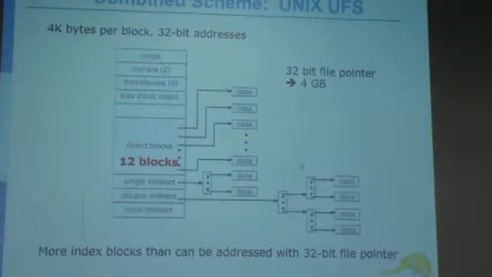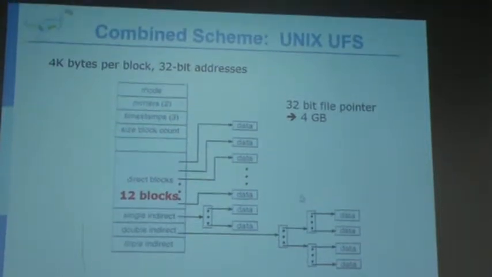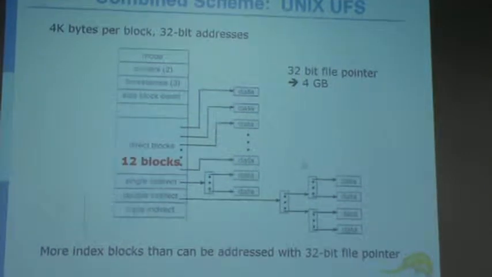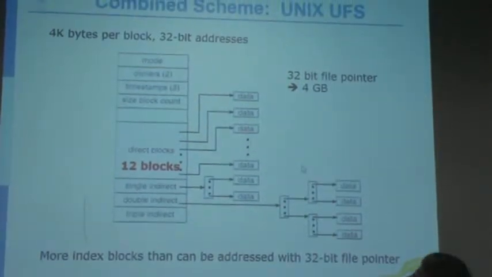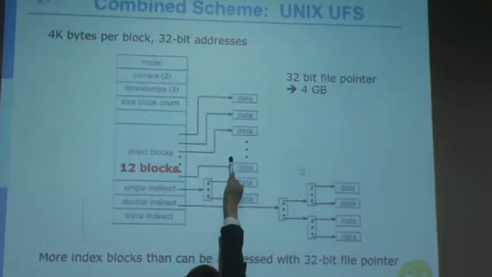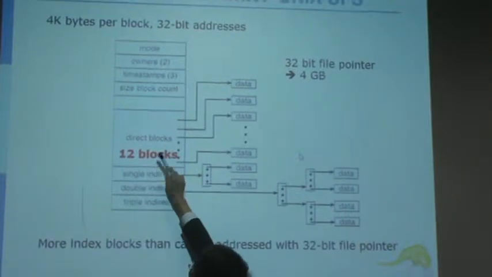Then we can combine direct allocation or linked list, and also single level and multi-level. That is called the inode. Direct blocks you can point to directly, the data blocks. How many? 12.